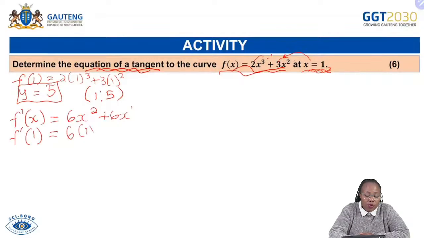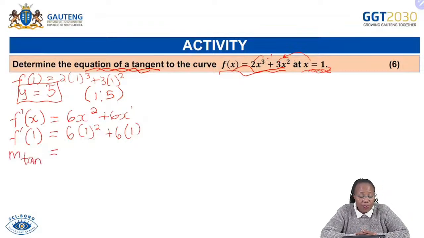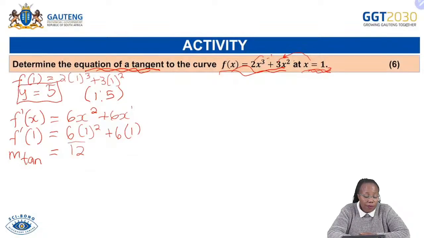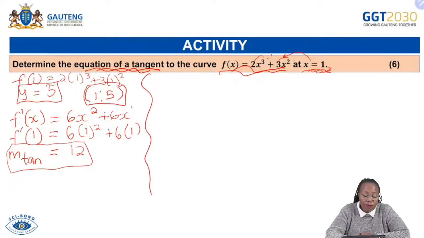This is 6 times 1 squared plus 6 times 1. And the minute you do this, grade 12, we are looking at the gradient of a tangent, which will be 6 plus 6, which is 12. So you have your gradient, and then you have your point. You can now find the equation of the tangent.